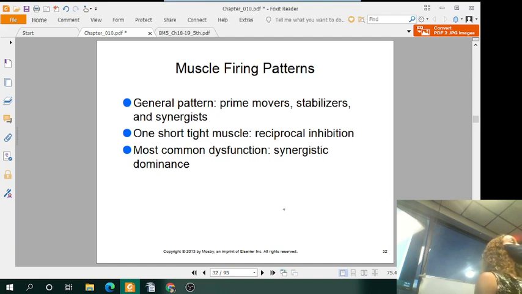Hyperextension of the knee, people like to stand with locked knees instead of slightly bent knees. Psoas, pecs. Yep, very good. Finally someone said it. Good. What did you say? Kyphosis. Okay, good.